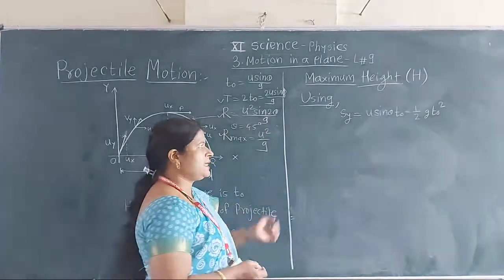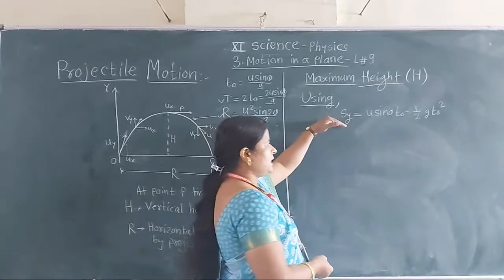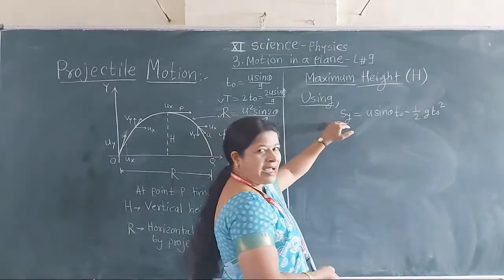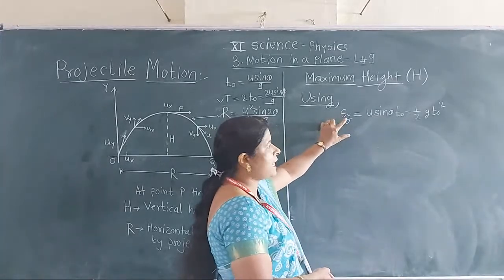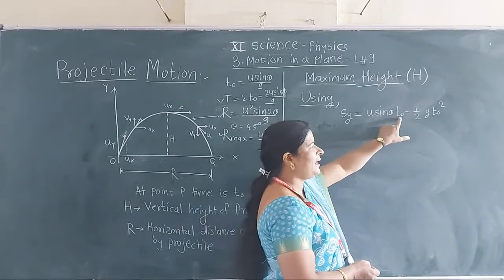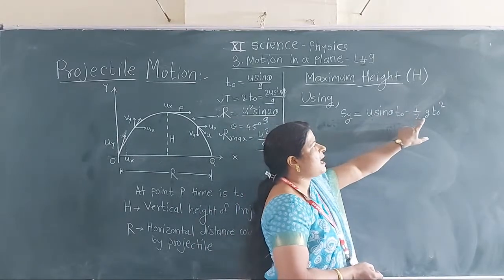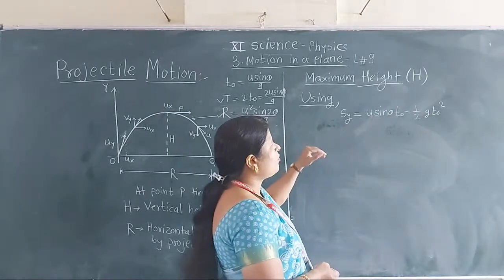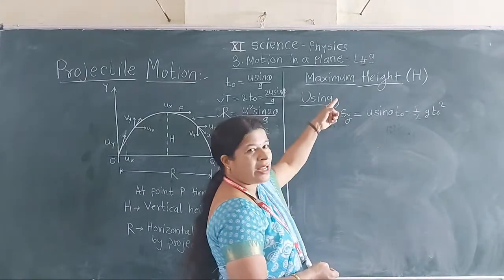Along the y-axis, the distance covered by the projectile, sy, is equal to u sin theta t0 minus 1/2 g into t0 square. Now we have to find the equation for h.